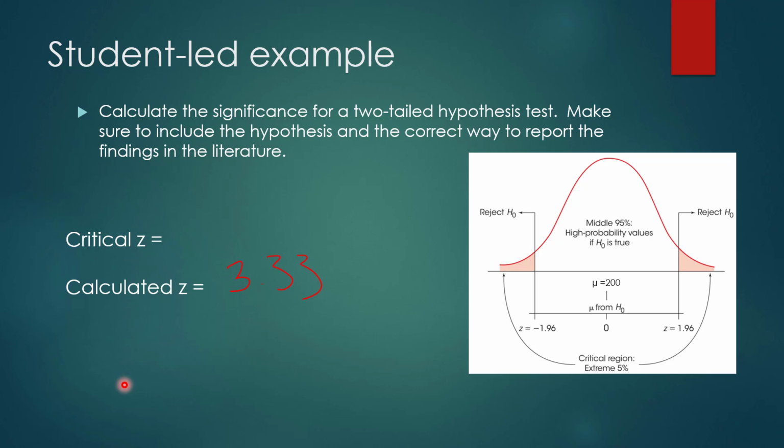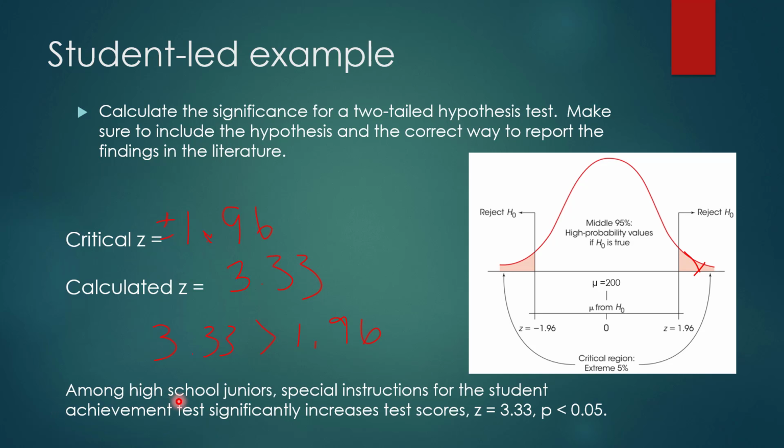So that critical z for an alpha of 0.05 is plus or minus 1.96. So 3.33 is greater than 1.96, telling us that it's out here, right? It's really far out there, which means that we need to make our decision now.